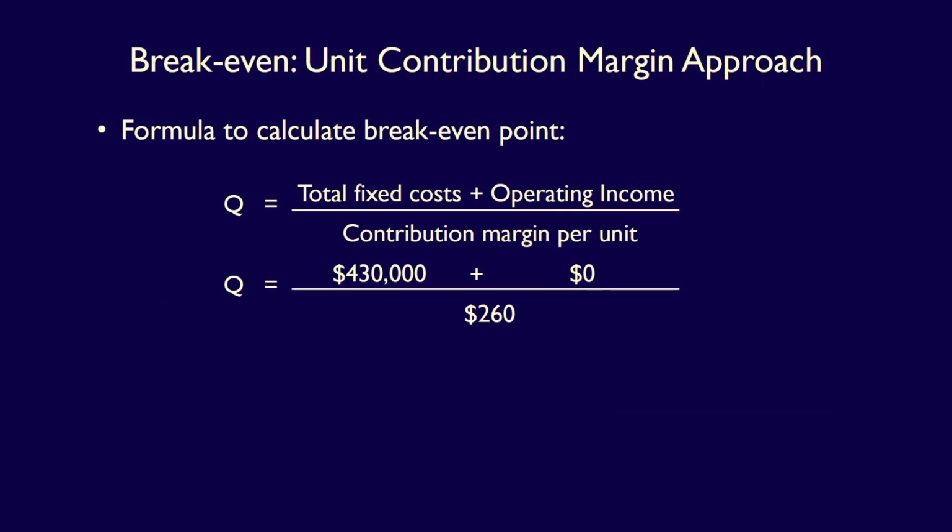Going back to the formula to calculate the break-even point, Q equals total fixed costs of $430,000 plus operating income of $0, because we're calculating break-even here, all divided by $260, the new contribution margin per unit. Q is equal to 1,653.846 units, which we can round up to 1,654 units.